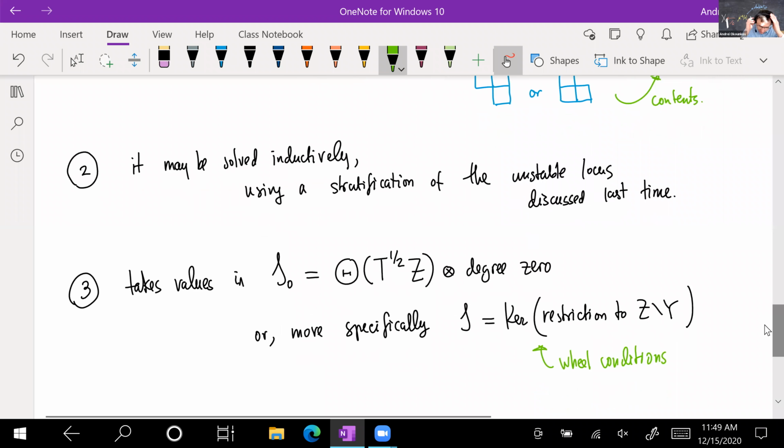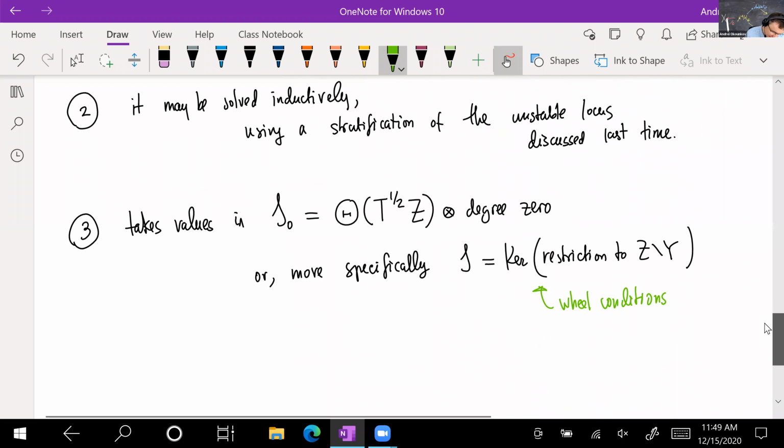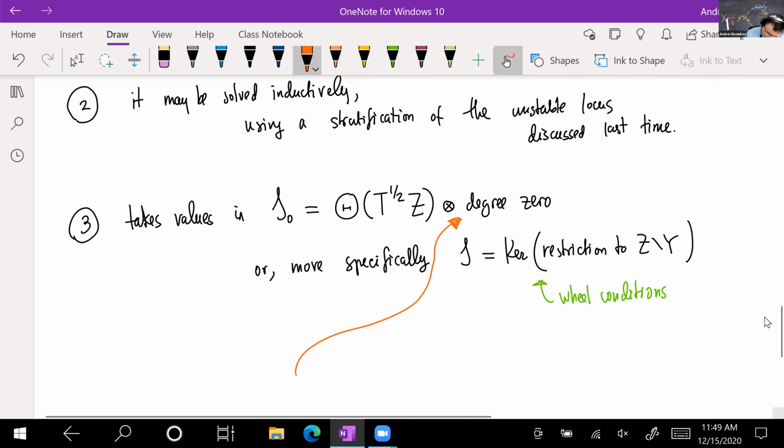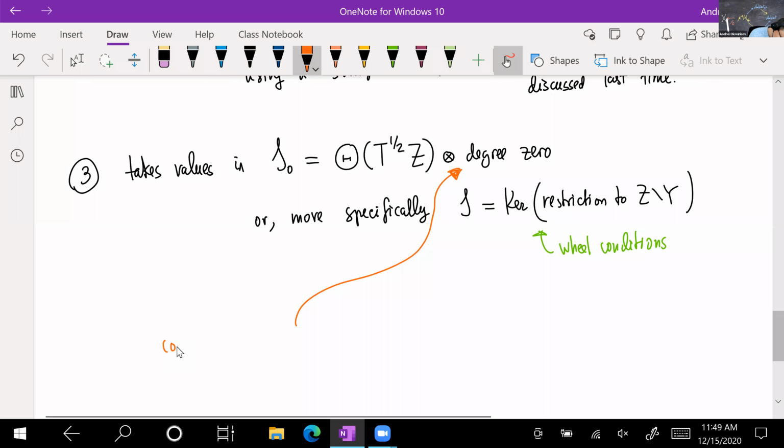Right. And so then maybe to remind ourselves, what does degree zero mean? The most interesting part of that degree zero, most interesting for us, comes from the source.